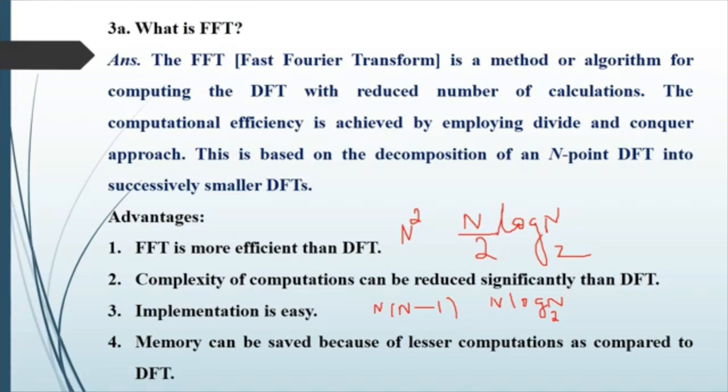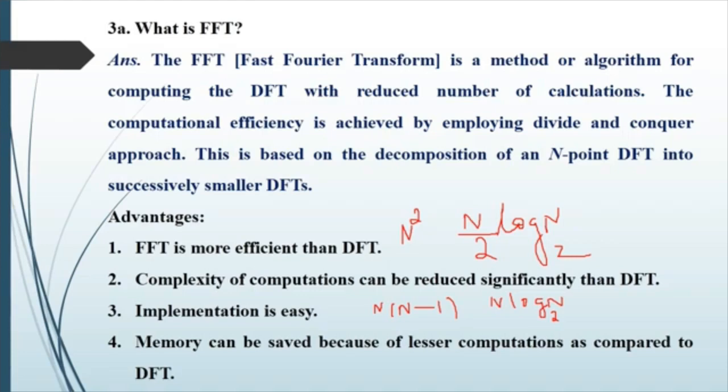base 2. Similarly, the number of additions in DFT is given by N into N minus 1, whereas the number of additions in FFT is given by N log N base 2.